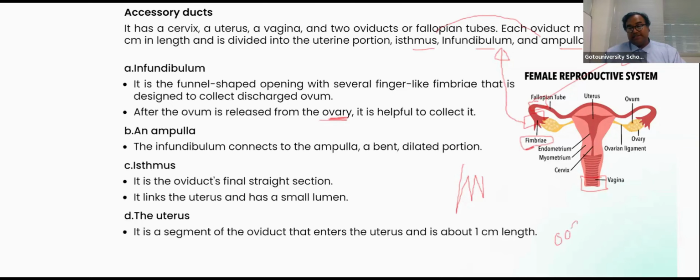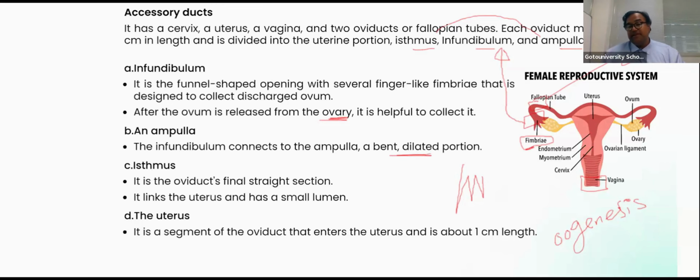Oogenesis is also called the egg synthesis process, and it happens not in the uterus, it happens inside the ovary. The ampulla is connected with the infundibulum by a bent dilated portion.